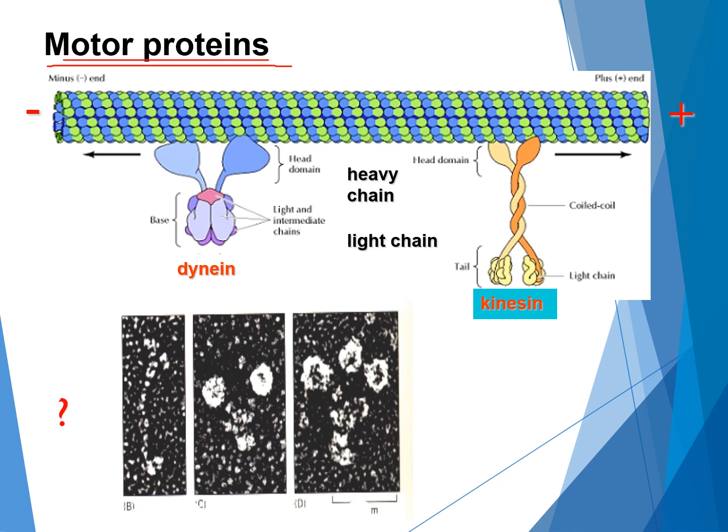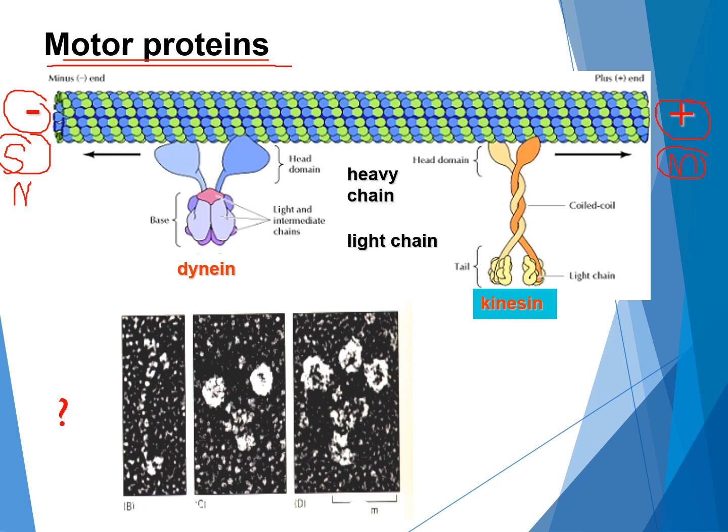As I mentioned before, the microtubule has the minus end and also the plus end. The minus end is located near the centriole, while the positive end or the plus end is located near the membrane, which means the minus end is the one located near the nucleus compared to this membrane, which is away from the nucleus.